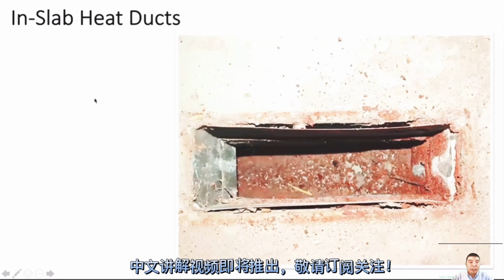Okay, so this is the in-slab heat duct. If you meet a downflow furnace in a building that has a basement below the grade, be sure to check for corrosion in the ductwork system. Like this one, we saw maybe there was water inside before, and it's rusted, and sometimes maybe the pipe is broken inside.